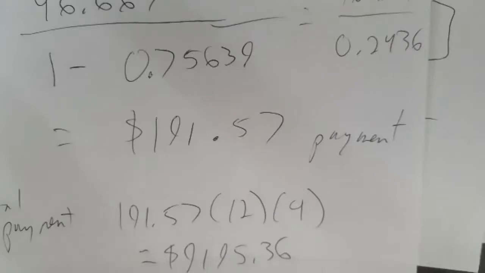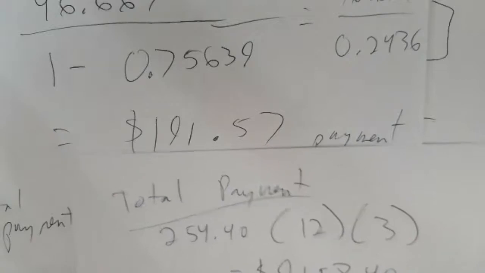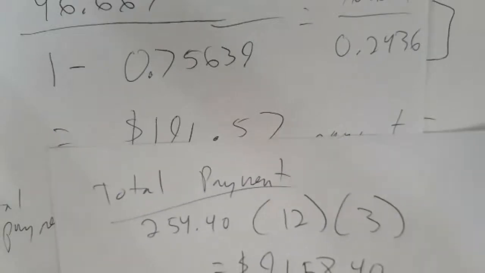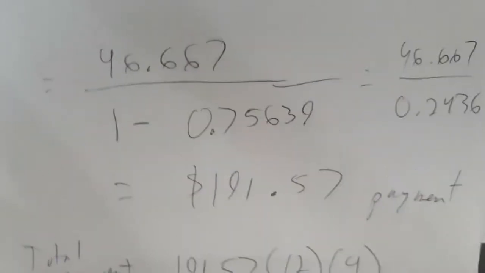Sorry, no, that's quite a bit extra. Between 191 and 254, that's more than that. That's what, $60 extra. So it might depend whether you can afford that $60 extra each month, on which loan you're going to take. You might have to take the higher price loan because you can't afford the other loan on a monthly basis.